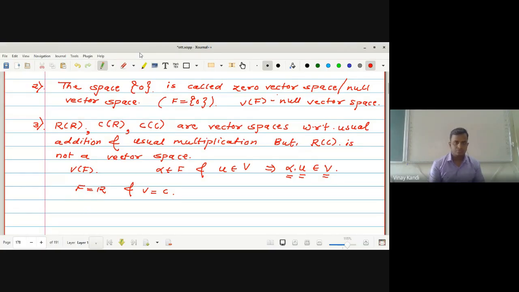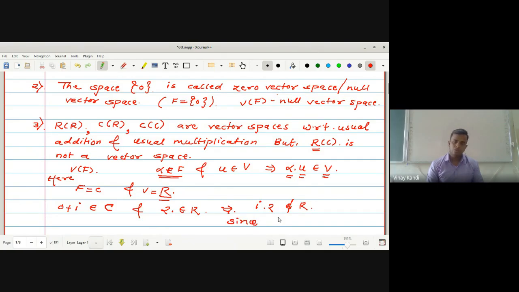Sorry, F is equal to the set of complex numbers, and V is equal to the set of real numbers here. If we take any complex number, suppose i, that is 0 plus i, is a complex number, it belongs to the set C, and 2 is an element belonging to R. This implies i into 2 belongs to V. Here V is R. But this does not belong to R, since 2 into i, that is 2i, is an element not belonging to the set of real numbers.